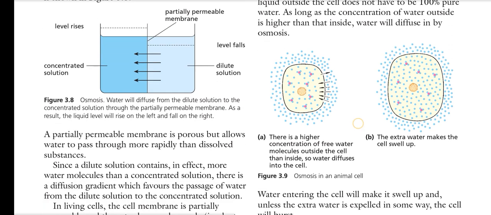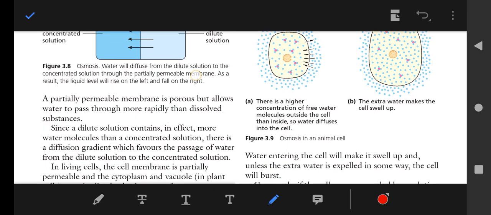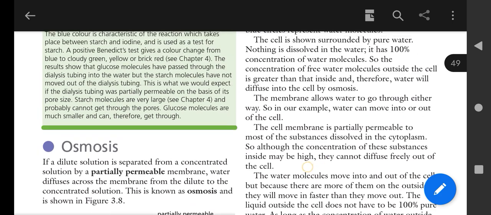So this environment is known as the hypotonic environment. This hypotonic environment causes the cell volume to increase.